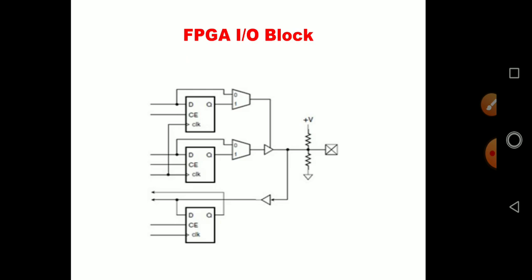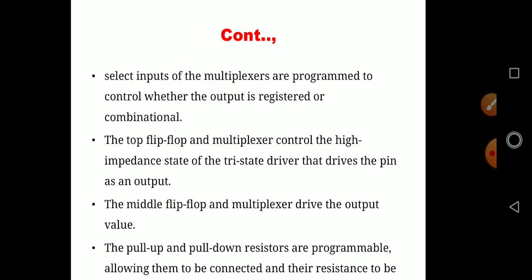There may be some variations between the components from different vendors, as there may be some differences in the input output selection of the components. So let us discuss what the components are and what the activities of these components are. The select inputs of the multiplexers shown in the figure are programmed to control whether the output is registered or combinational.